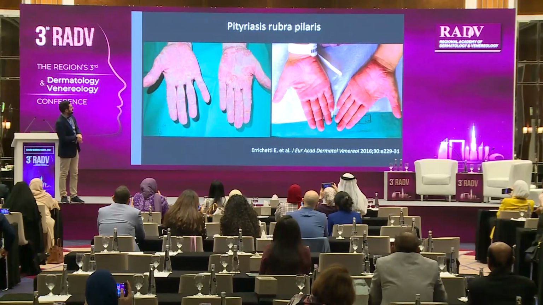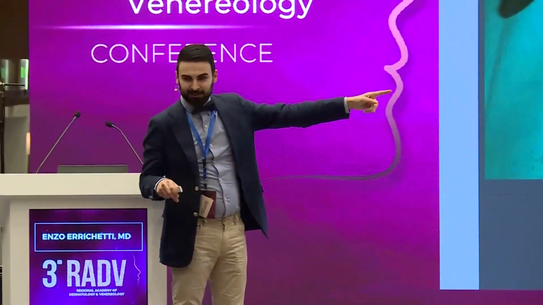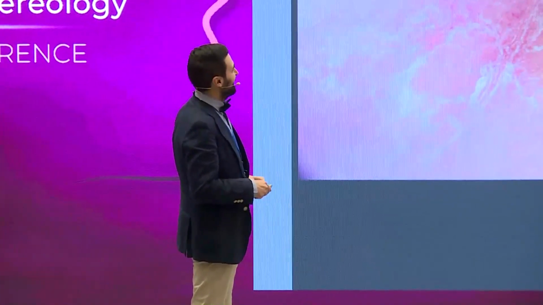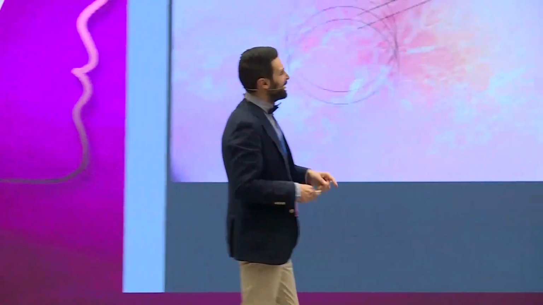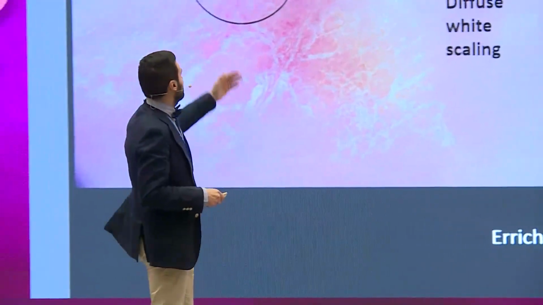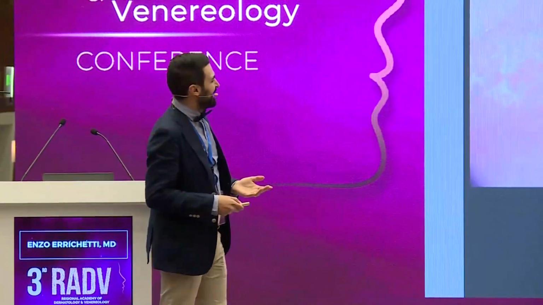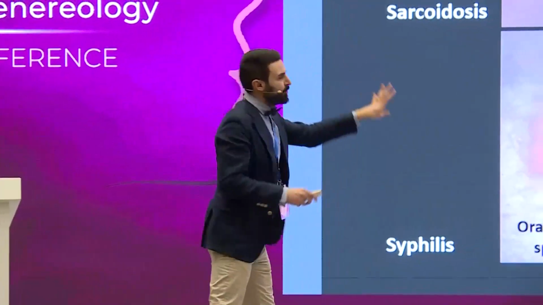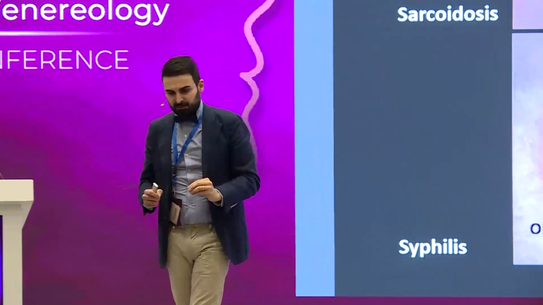Even here, which one is PRP? Difficult. This one. Still we have orange. This is psoriasis. We see just the dotted vessels. So we have to think about these 4 conditions when we have in front of us a papulosquamous dermatosis showing orange.